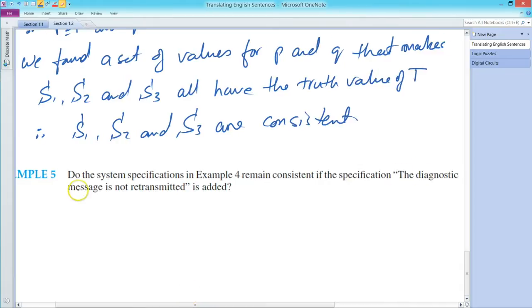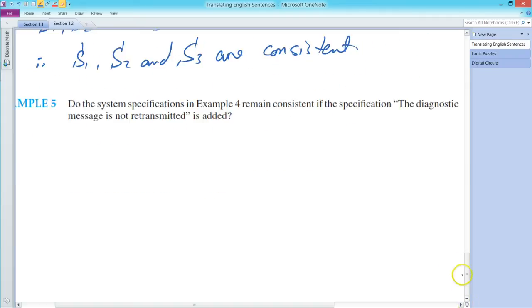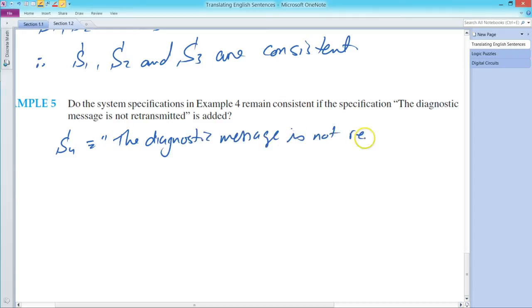The diagnostic message is not transmitted. So we're going to add statement number 4. S4 is the diagnostic message is not retransmitted. Okay.